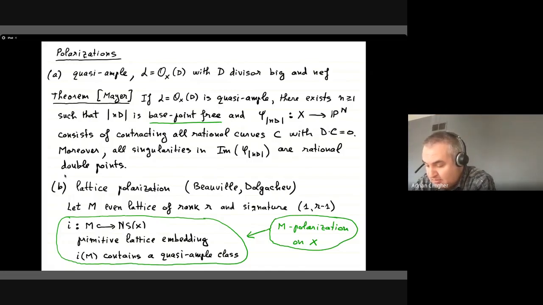It's going to contract certain rational curves, essentially those rational curves that have zero intersection with the divisor D. And this will essentially give us a birational model of X inside the projective space, which might be singular, but all singularities are going to be very tractable. They are going to be rational double points. So quasi-ample polarizations give fairly good birational models for K3 surfaces.